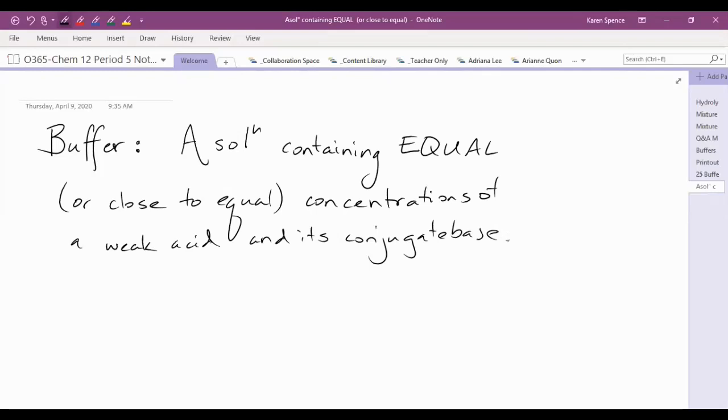And one of those is going to be a salt. It maintains pH at a relatively constant value.